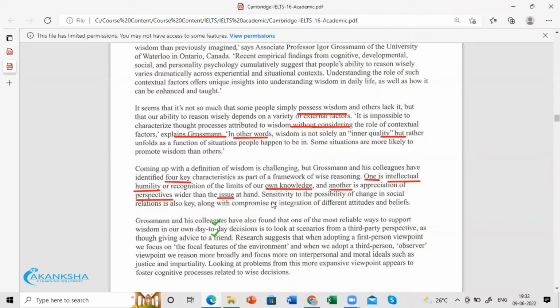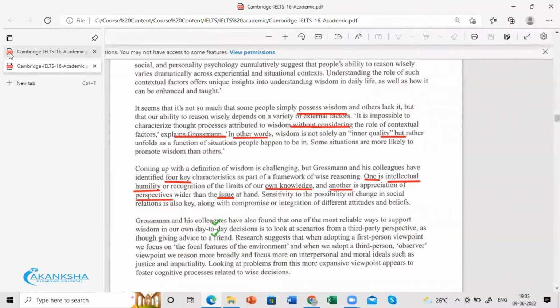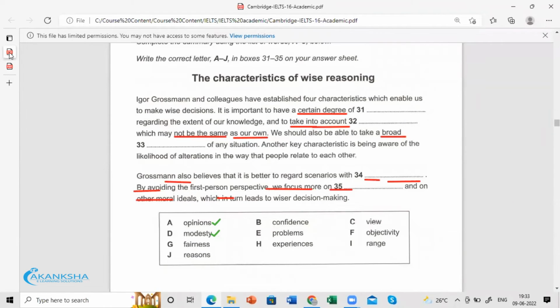So next sentence. Wherever our previous answer was, we need to continue from there. Sensitivity, possibility of change in relations, or integration, different attitudes and beliefs. Okay, take a broad of any situation.